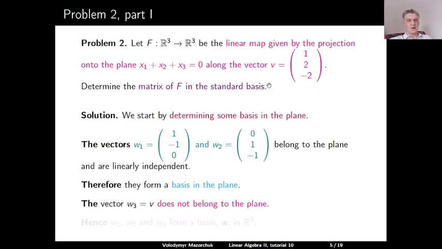And then we have our vector v, which we now denote by W3, and this vector doesn't belong to the plane. So it is linearly independent with the vectors W1 and W2. So together, the vectors W1, W2, and W3 form a basis in R3, which we denote by bold W.